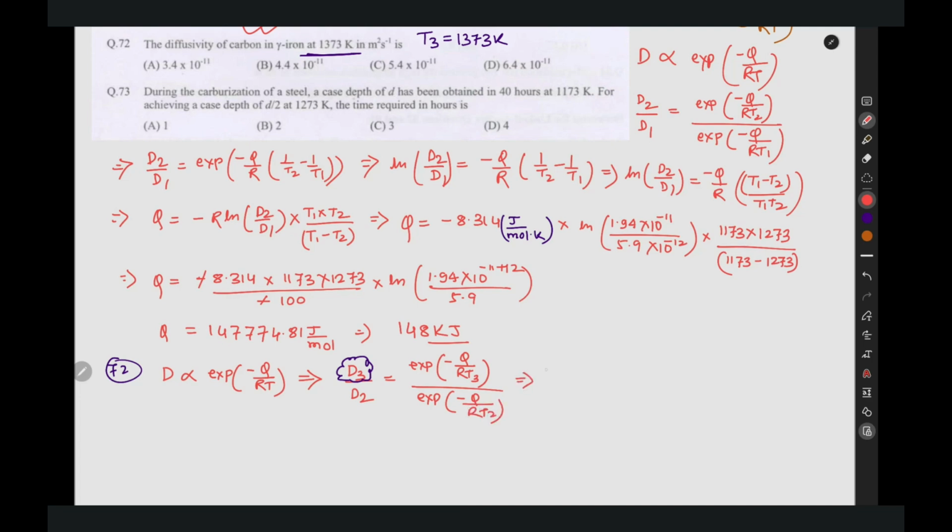After combining the exponential, we will get D3 by D2 equal to exponential minus Q by R into 1 by T3 minus 1 by T2.